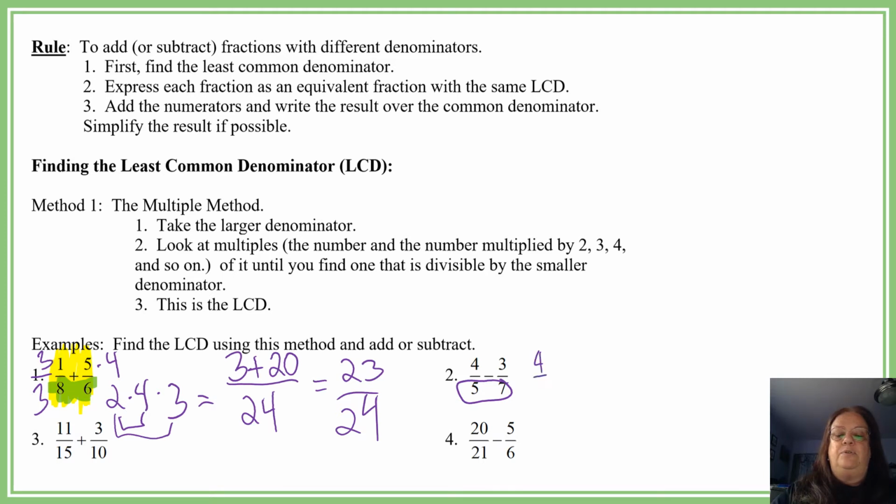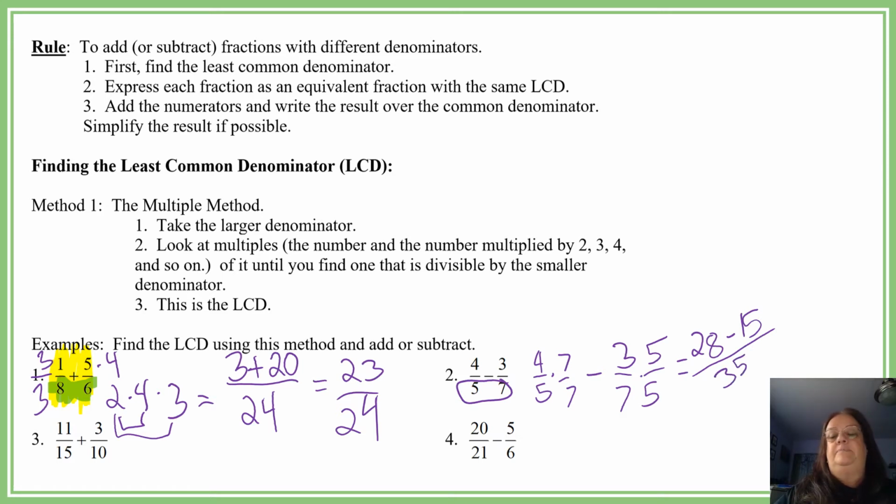If I take the 4/5 and I multiply it by 7/7, and the 3 over 7, and I multiply it by 5 over 5, I'm going to get 4 times 7, which is 28, minus 3 times 5, which is 15, over 7 times 5, my common denominator. All right, so 28 minus 15 is 13. And that would be my final answer.